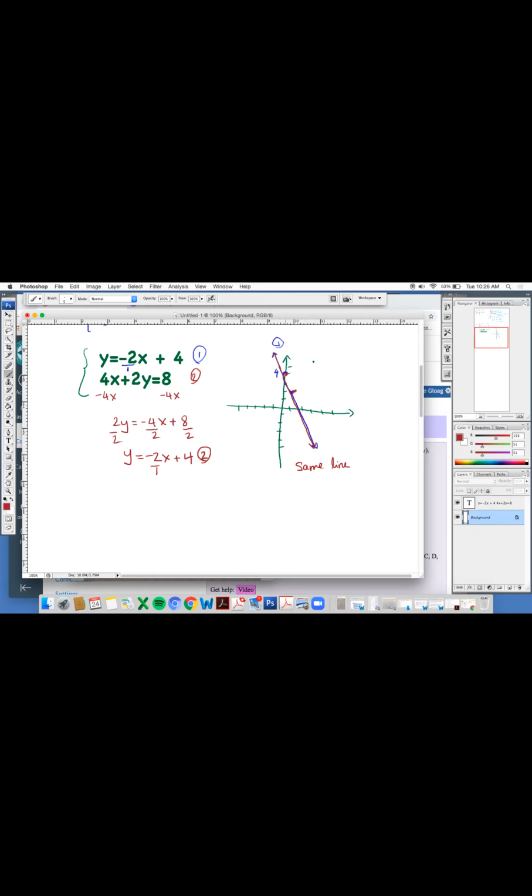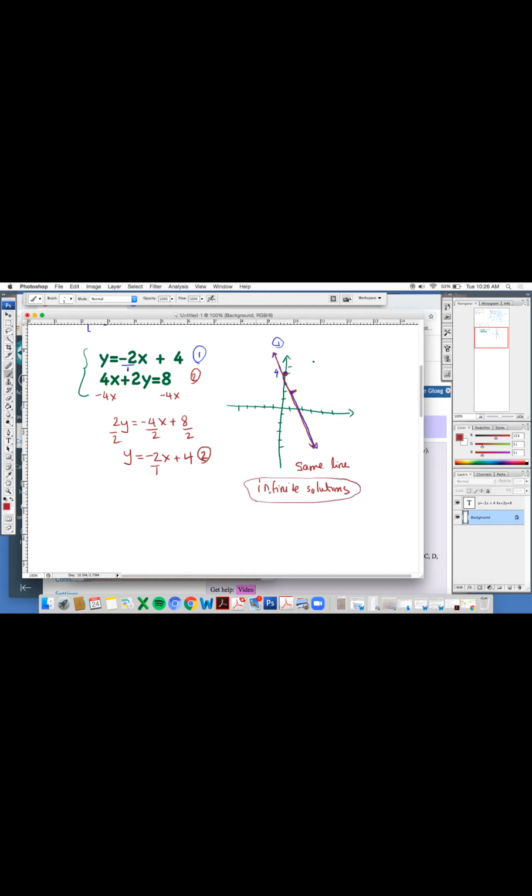Yeah, this is called infinite solutions because the solution is where they're crossing each other, right? And these cross each other at an infinite number of points. So this is infinite solutions. You can give that as an answer.